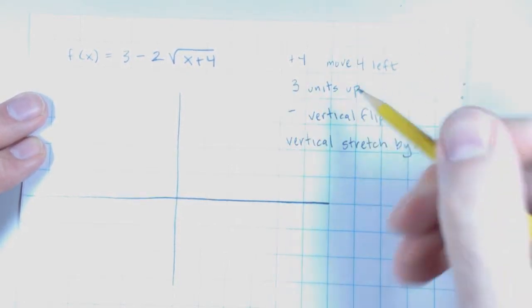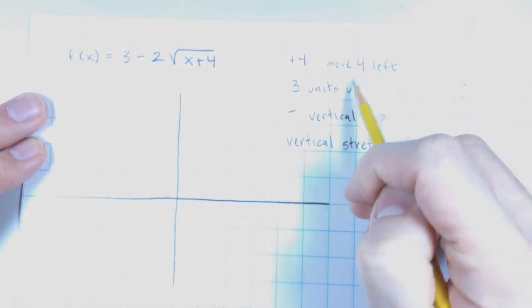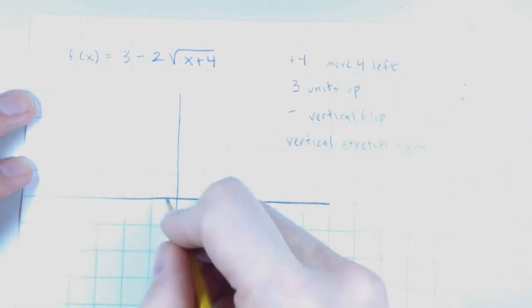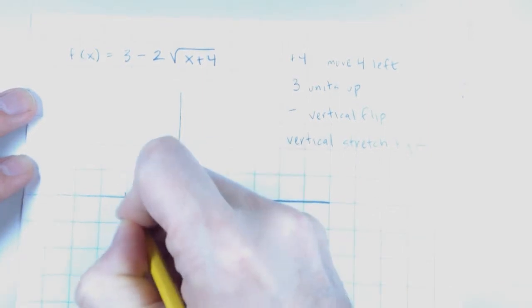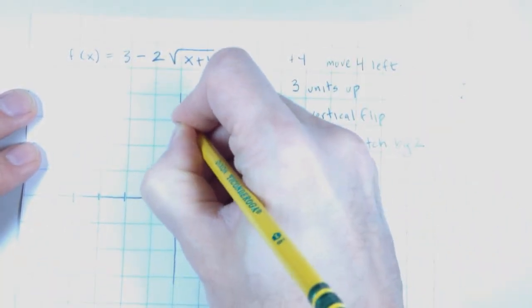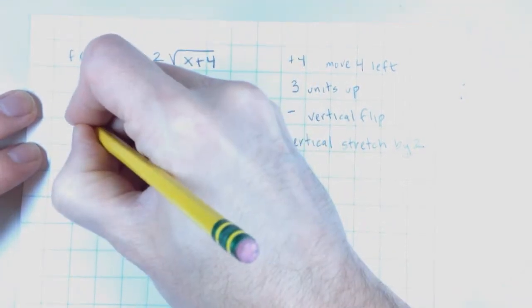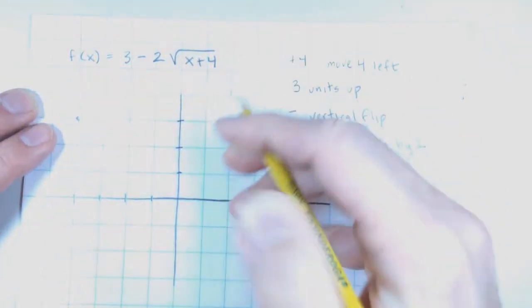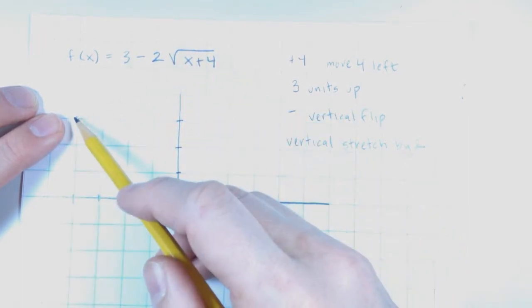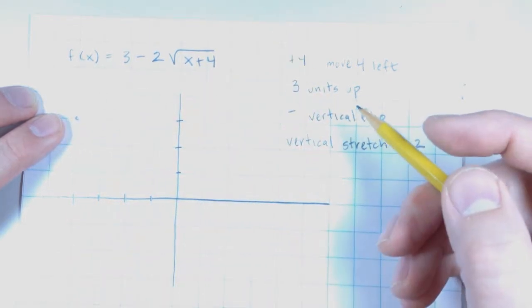I can think of this horizontal shift and vertical shift as kind of being a new starting point for me. So left 4, 1, 2, 3, 4, and up 3 is going to be my new starting location. And on a square root graph, we know that that is basically a parabola on its side, that location is actually a point.